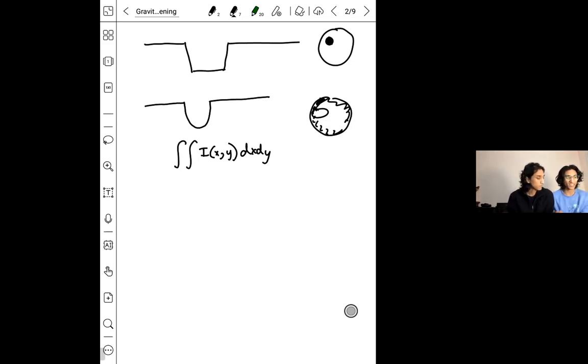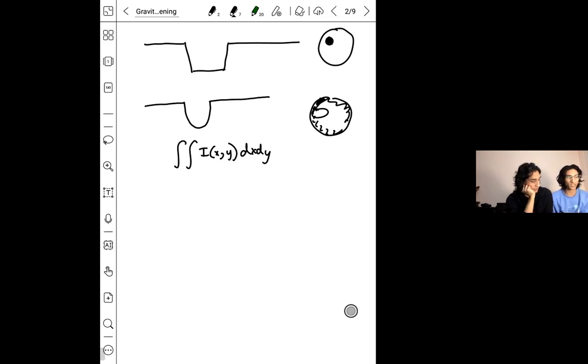The next step up from this is being able to represent an arbitrary stellar surface. So maybe the stellar surface says hello on it or something, or maybe it has a star spot or any combination of effects. The question is, if you have a planet that's passing in front of this star, can you model the brightness of the star as a function of time?